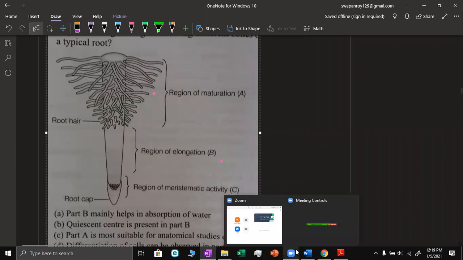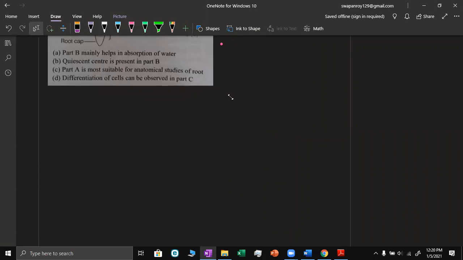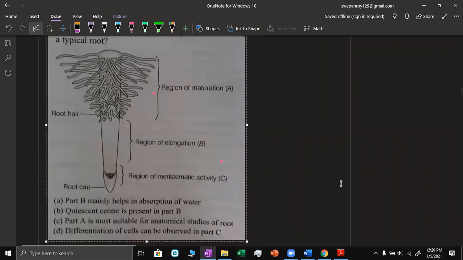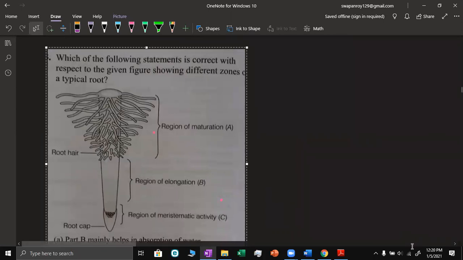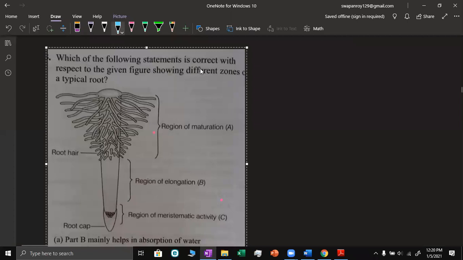Okay, the question is, which of the following statements is correct here with respect to the given figure showing different zones of a typical root. I think this is a very familiar picture for you all, is it?